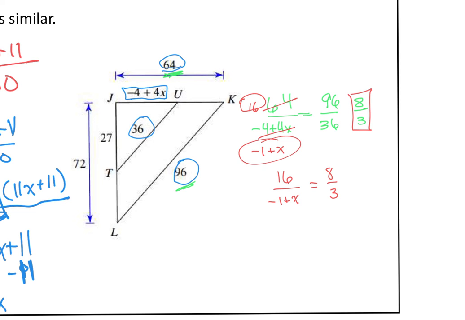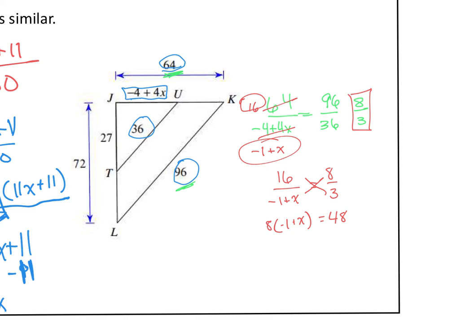Now we can cross multiply. 3 times 16 is 48. 8 times, we can say 8 times -1 plus x. We're going to distribute our 8 out. That's the other way that we can do this.